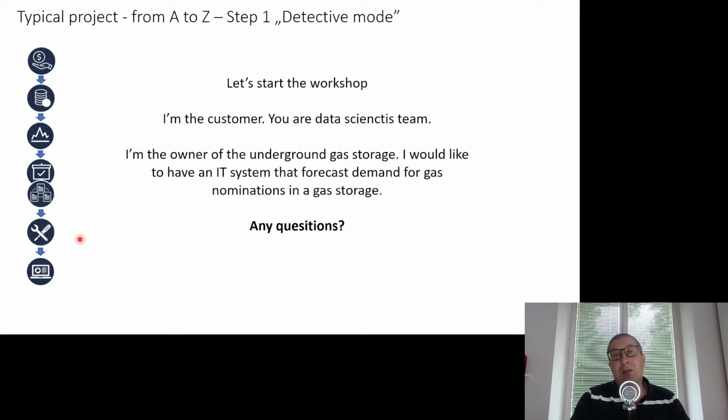So if we know the horizon, we can ask for the time resolution, right? Time resolution of this forecast. Well, as the owner of the gas storage, I can tell you that 1 hour is a good time resolution. You can think about the next question. So now you have a general feeling of what the goal is, but of course you can ask for profiles of customers who inject and withdraw gas to my gas storage, right?